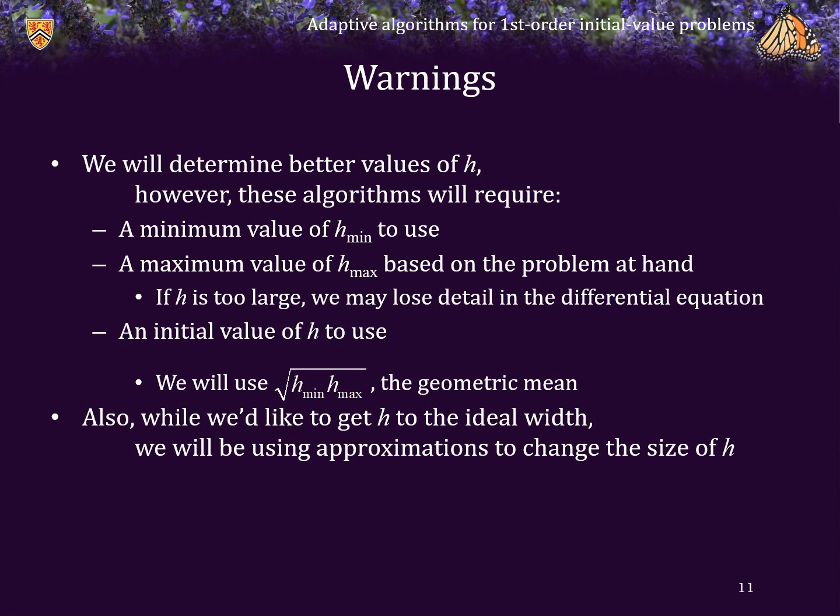Also, while we'd like to use the value of h that is ideal, this also means we're going to be using approximations to change the value of h. Because after all, y sub k plus 1 and z sub k plus 1 are both approximations, and they could both be much worse than we normally anticipate.